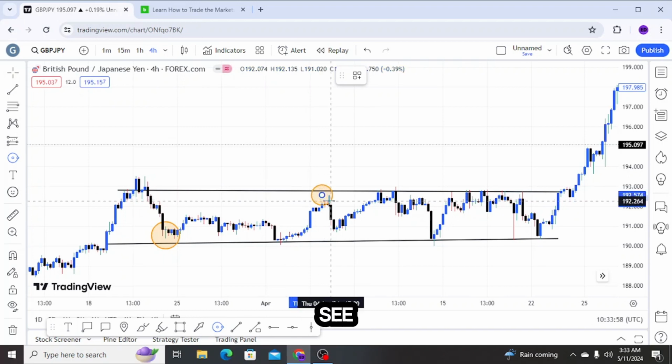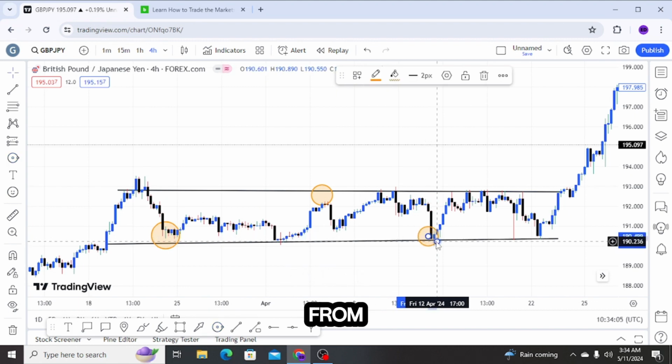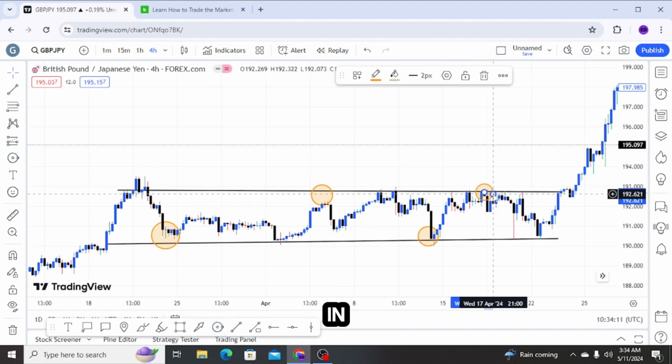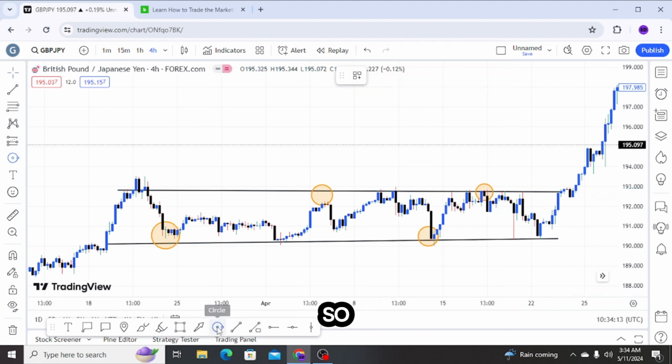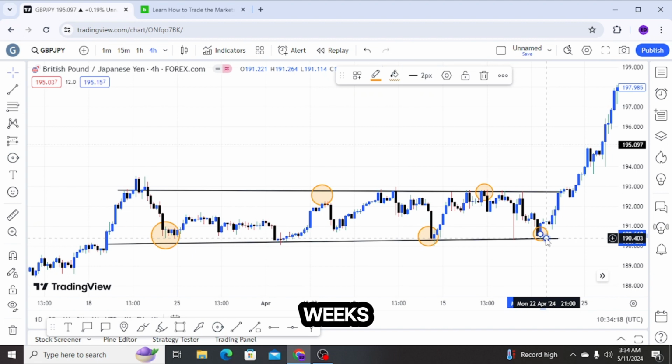You can see it is just within this range. You can see how market is just delivering within this confined range for a very long time. Now remember, this is in a 4-hour time frame, so this thing you are seeing here happened for a couple of days, if not weeks.